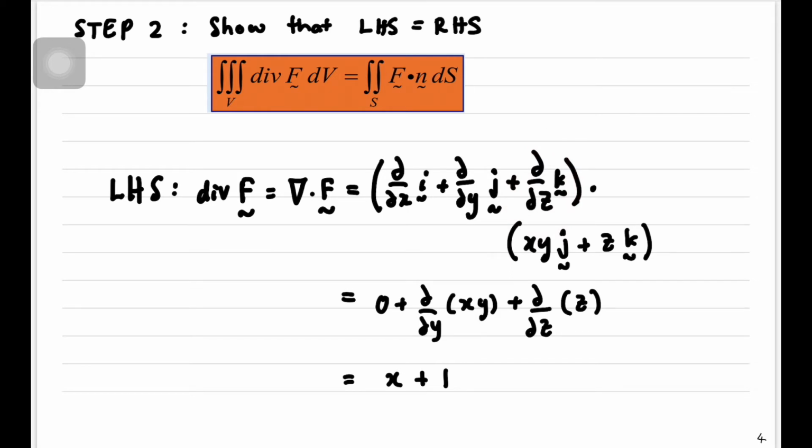So first element equal to 0, second element ∂/∂y of xy, so you get x, and ∂/∂z of z you get 1. So divergence F or del dot F is equal to x + 1.